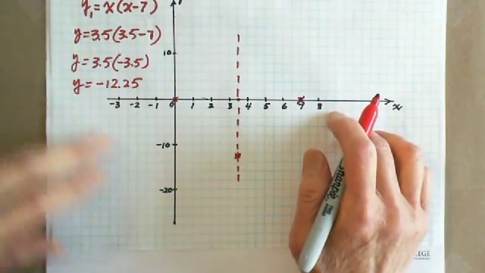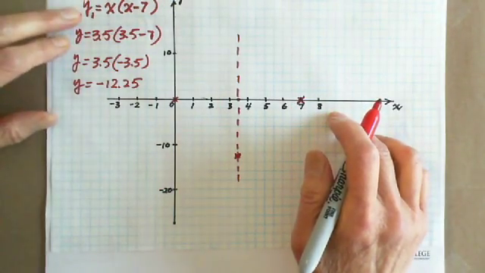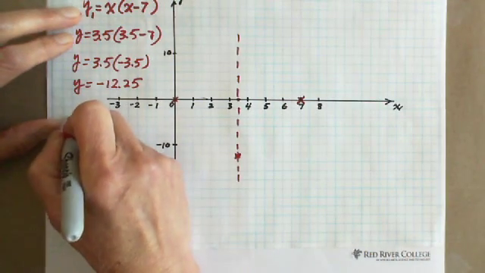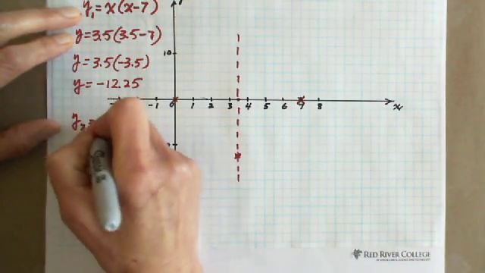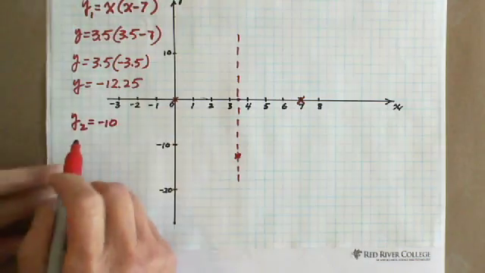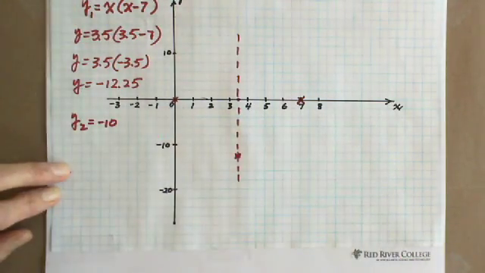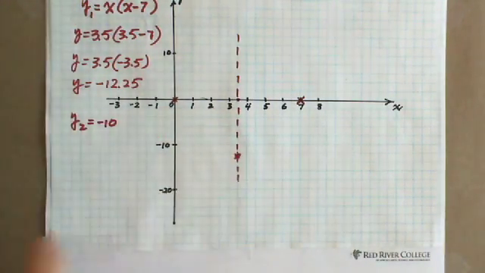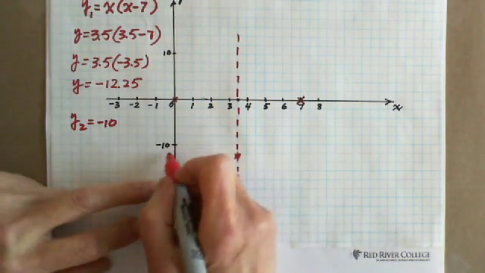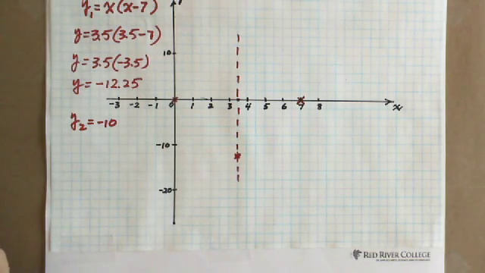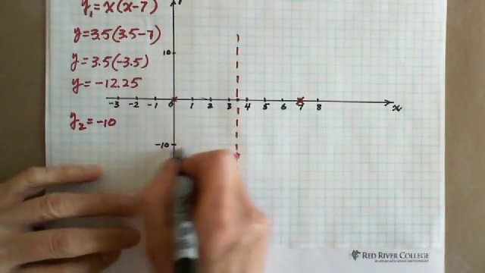Now, we did y1, then we do y2. y2 equals negative 10, which is a straight line parallel to the x-axis. So negative 10 is here. We draw the negative 10 line here.